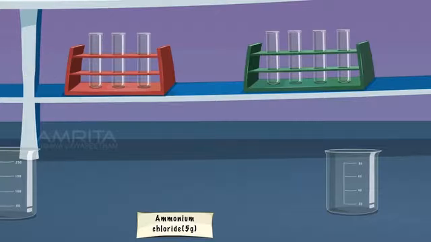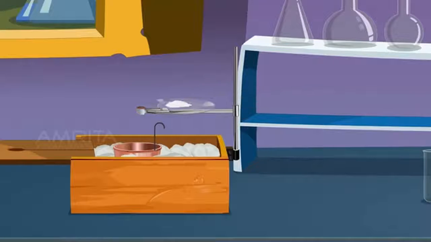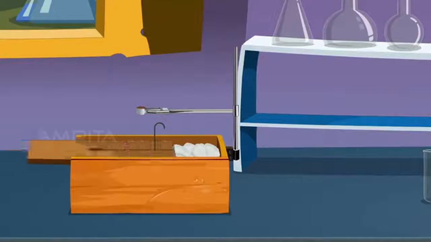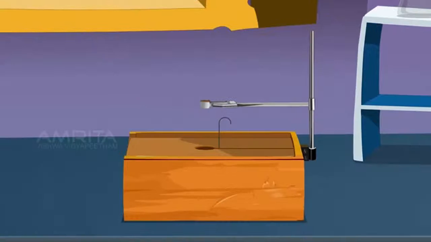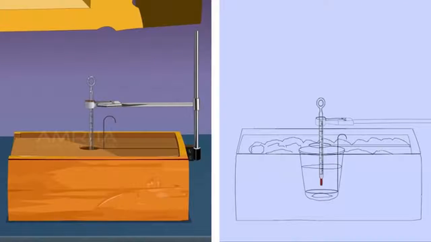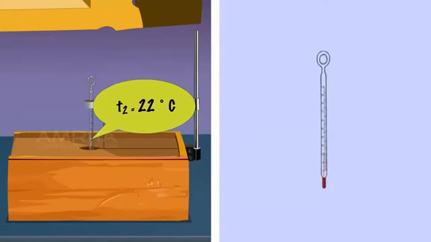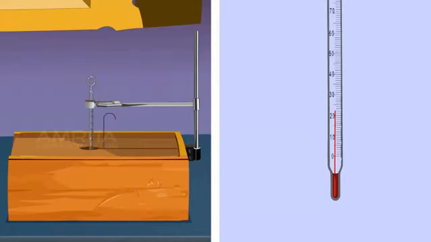Transfer ammonium chloride into the calorimeter. Immediately close the wooden box and quickly insert the thermometer into the calorimeter. Stir the water using the stirrer and continue stirring until the temperature becomes constant. Note down the thermometer reading. Let it be T2 degrees Celsius.